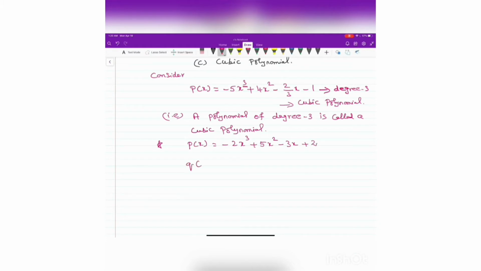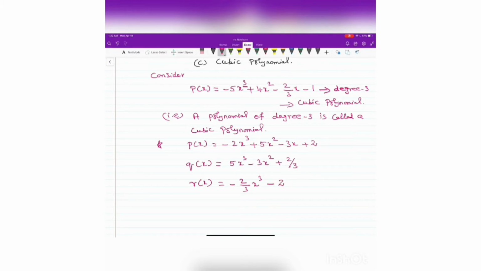Then q of x is equal to 5x cube minus 3x square plus 2 by 3. Then r of x is equal to minus 2 by 3 x cube minus 2.